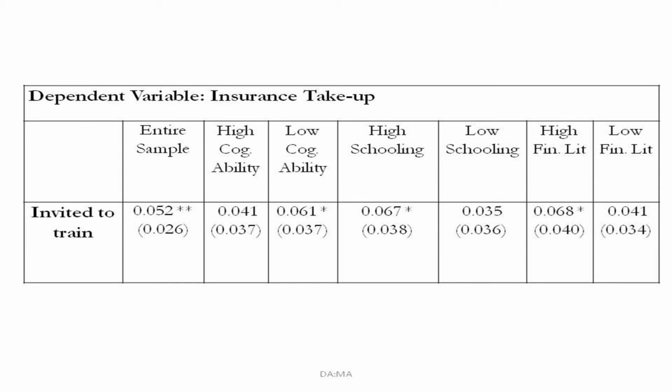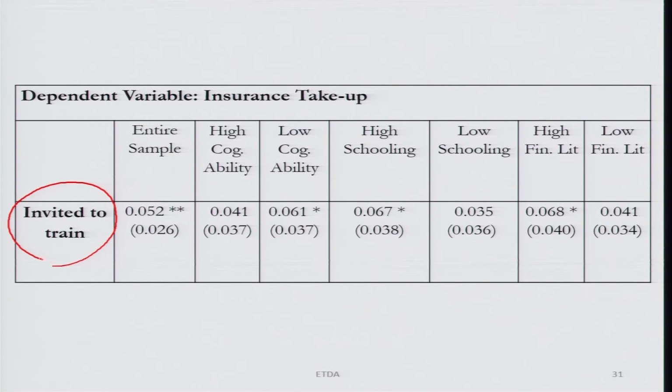In this particular table we only report the variable of interest, which is invited to training. In the paper you will find the full table, but what is important is that the first column is essentially a replication of what you saw in the previous table, a 0.05 effect of invited to financial literacy training on insurance take up.